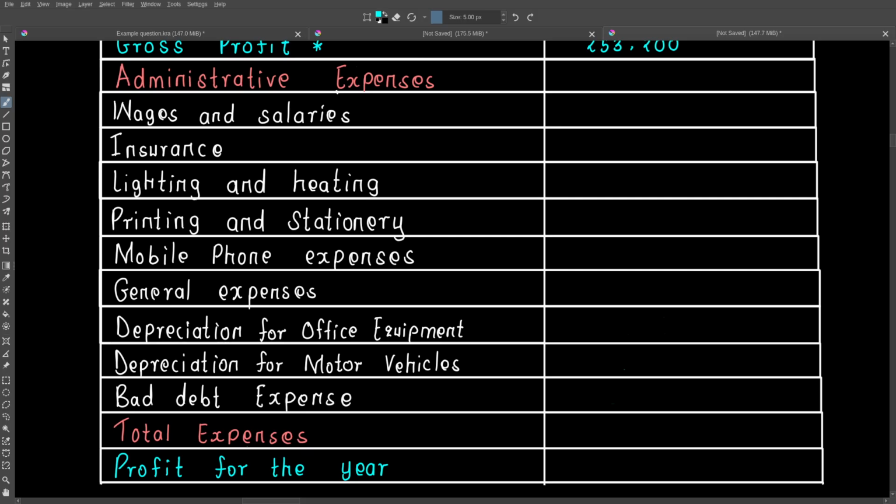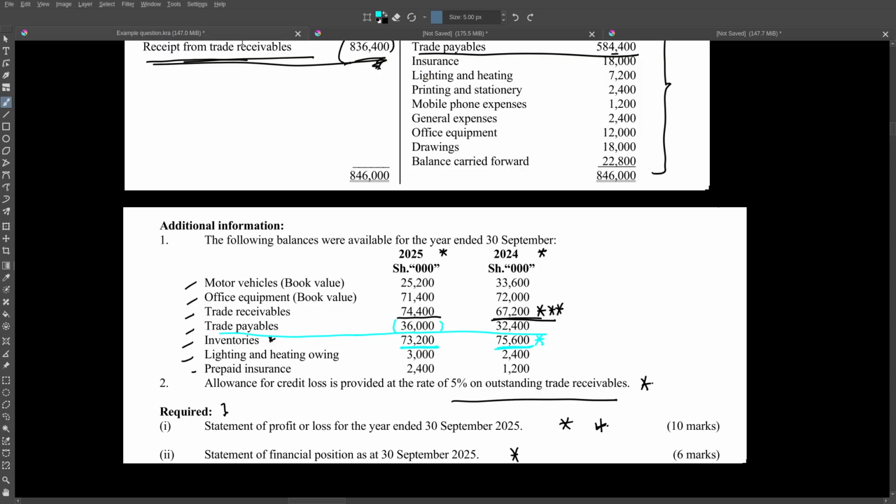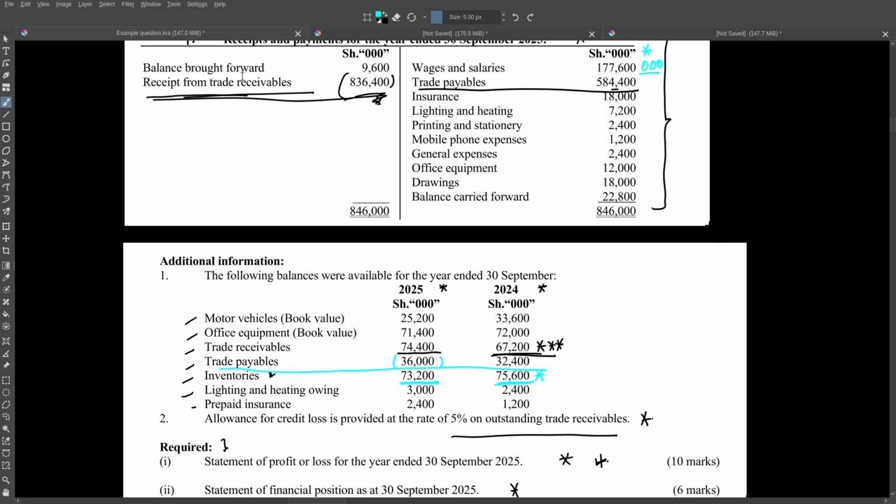When you look at our question, there is no point where they specifically state that these wages and salaries are for salespeople, or these mobile phone expenses are for making calls to the customers. So it is hard to know whether this is a selling and distribution expense. So we are going to classify them as administrative expenses because their nature is administrative, and we are going to look at them one by one.